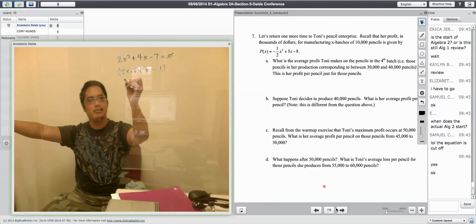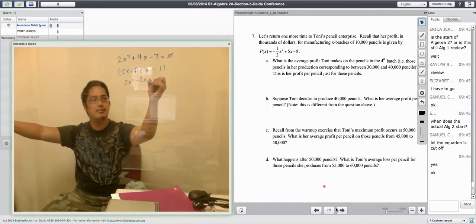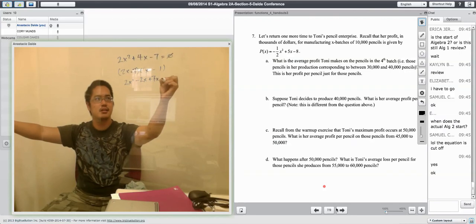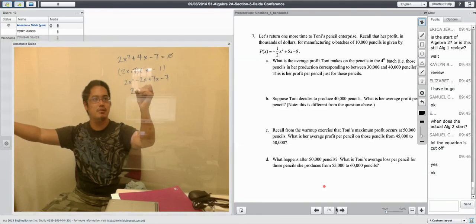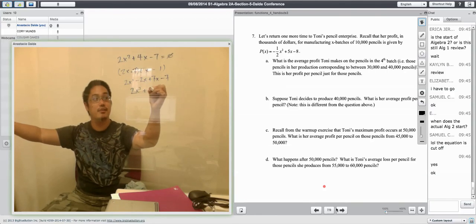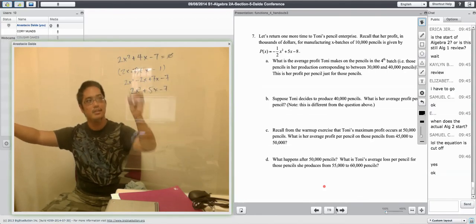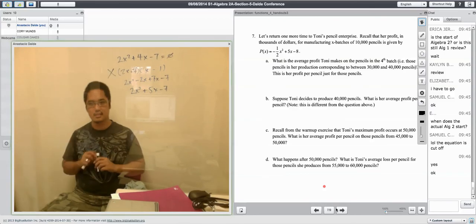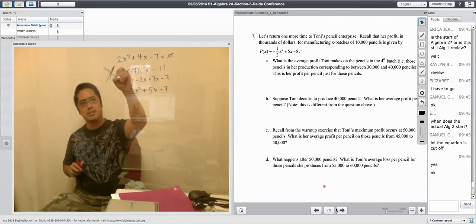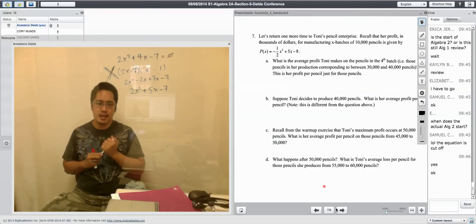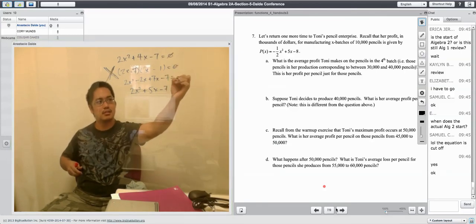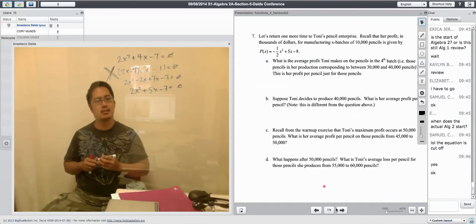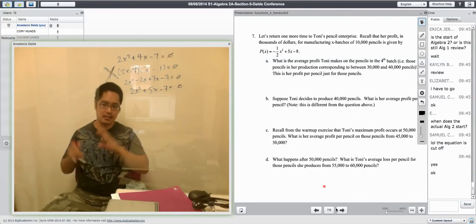Does that FOIL out correctly? That's 2x squared minus 2x plus 7x minus 7. This becomes 2x squared plus 5x minus 7. This isn't correct. Wrong. So I can't factor this. All right, now we're stuck.